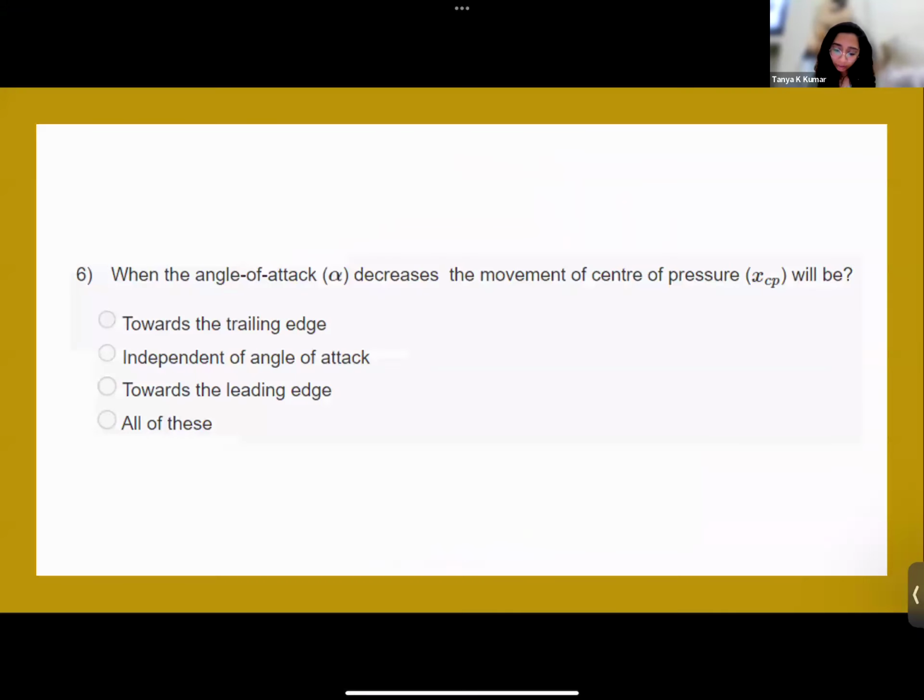Okay. So next question is, when the angle of attack decreases, the center of pressure will move towards the trailing edge, be independent of angle of attack, move towards the leading edge, or all of these.